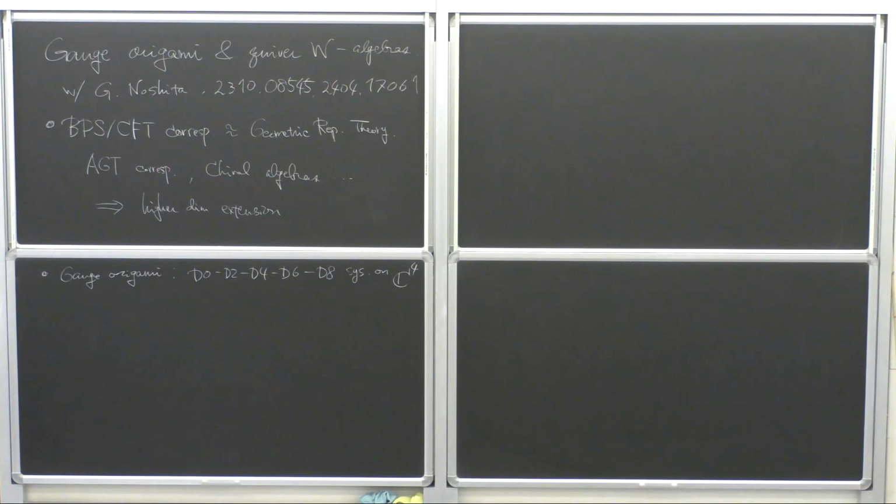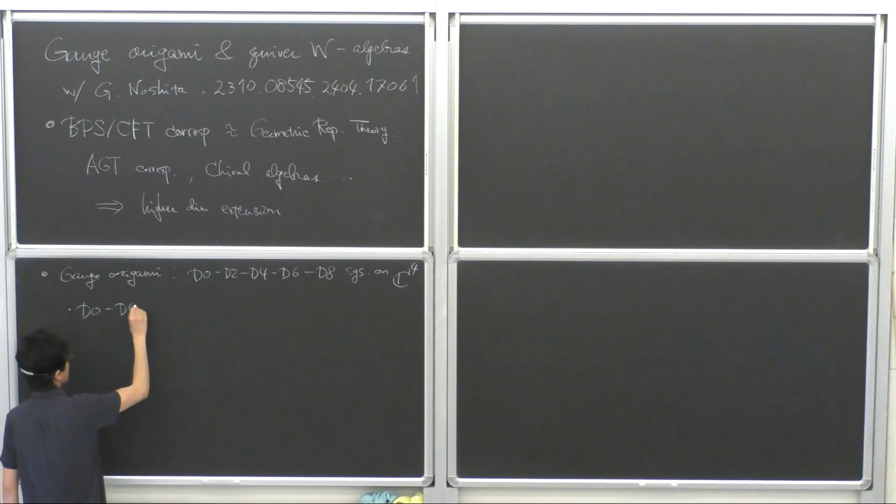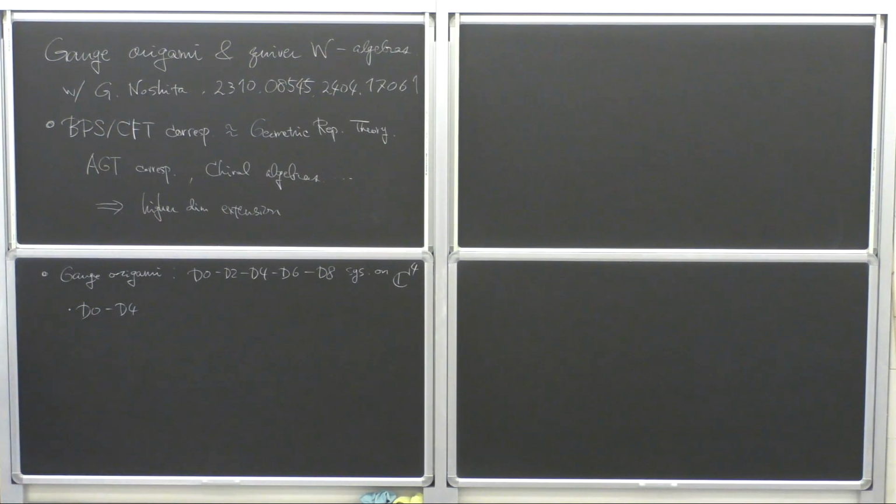Okay, so let me give you a certain example, and then I give you the flavor of this. Let me start with the standard case, the D0, D4 system. Now we don't have a D6 nor D8, so just the D0, D4 plane is living on complex 2 dimensions.